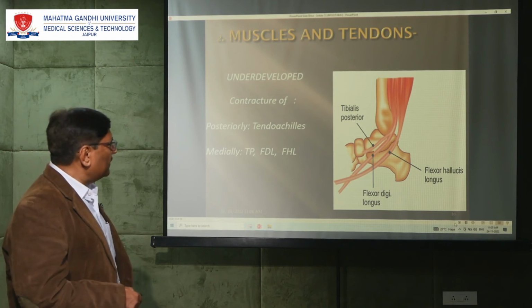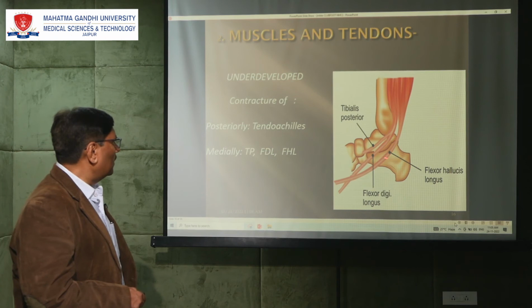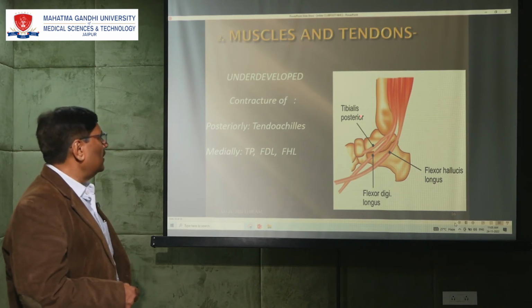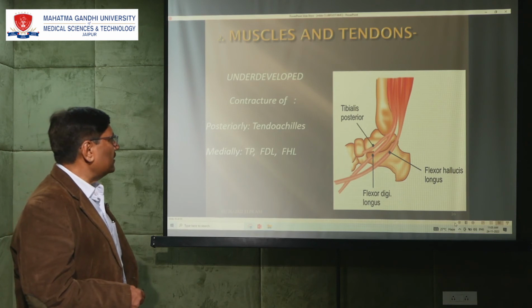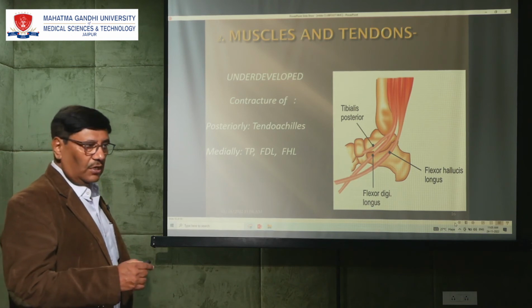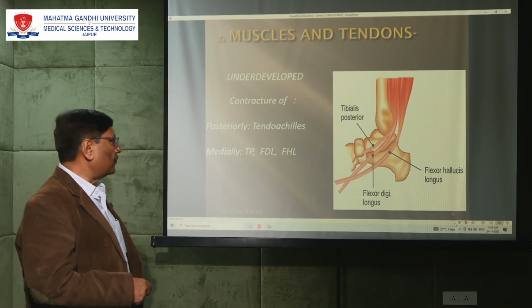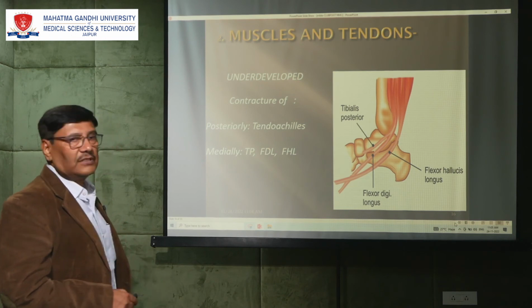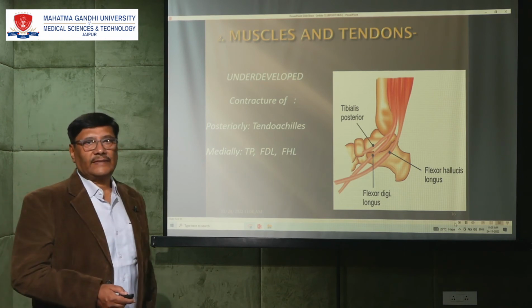On the medial side, there are these three structures, tendons of the muscles. Just behind the medial malleolus is the tibialis posterior. Posterior to it is flexor digitorum longus muscle, which is responsible for the flexion movement of the toes, and lastly is the flexor hallucis longus, which flexes the big toe.